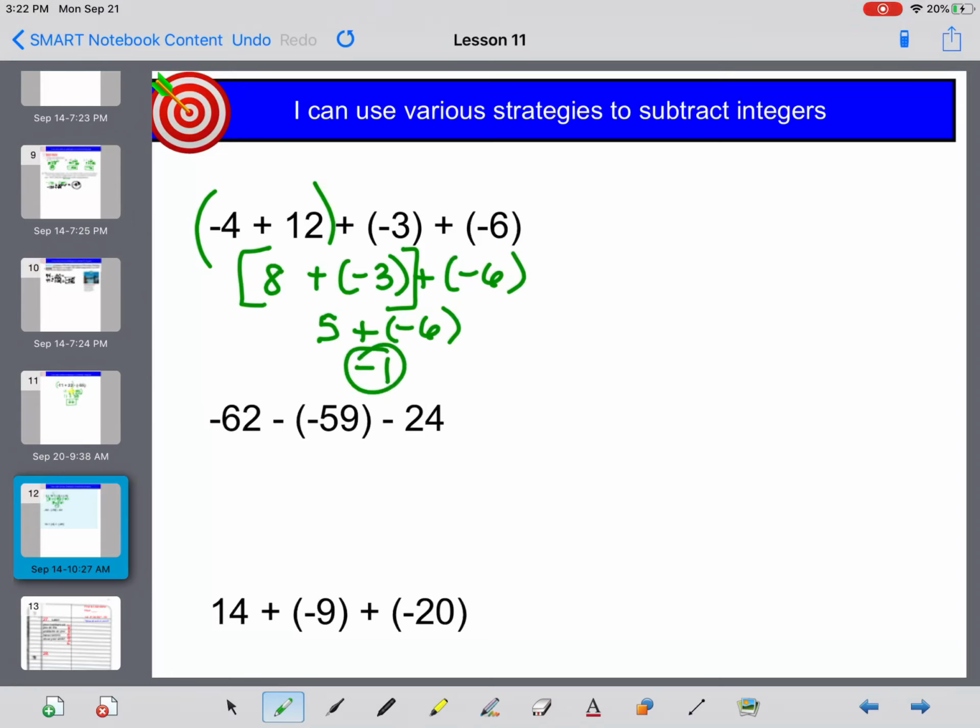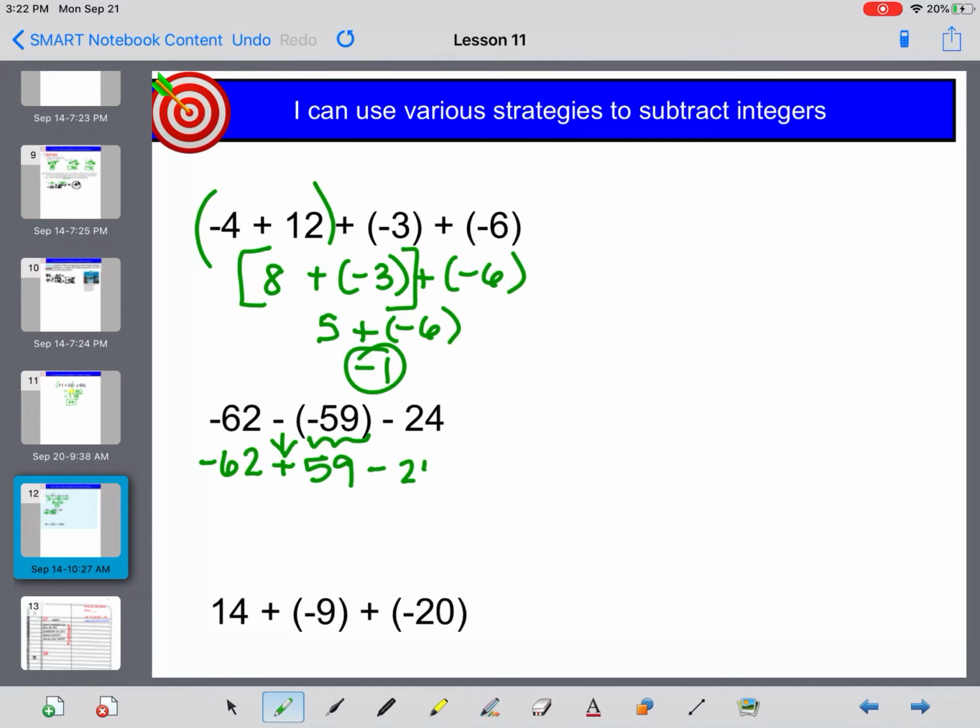Okay, next problem. So here would be an example where you could just do a super plus sign and say negative 62 plus 59 and say that that answer is negative 3 and then minus 24. Or the way that we've been doing it through this lesson is to do negative 62, change this to adding and this to the opposite.